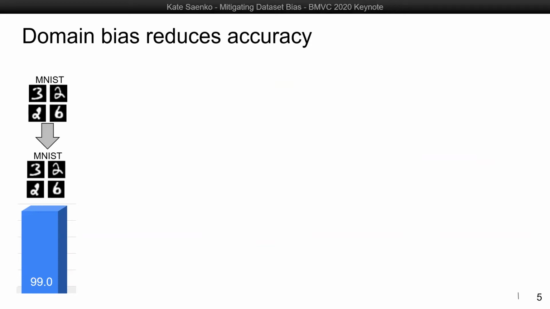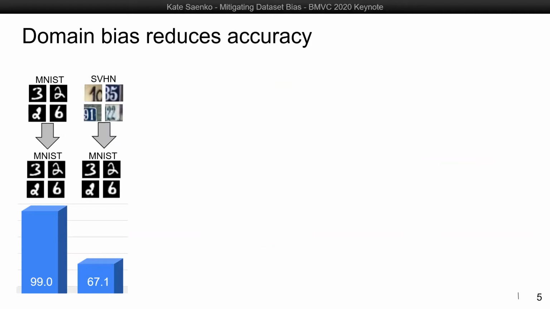Let's take a very simple case, which is just MNIST digit classification. We know that if we train on MNIST and test on MNIST, we'll have very high performance, say 99% accuracy. But what happens when we train on a different digit domain for the same task of classifying 10 digits and test on MNIST? Here we're training on street view house numbers.